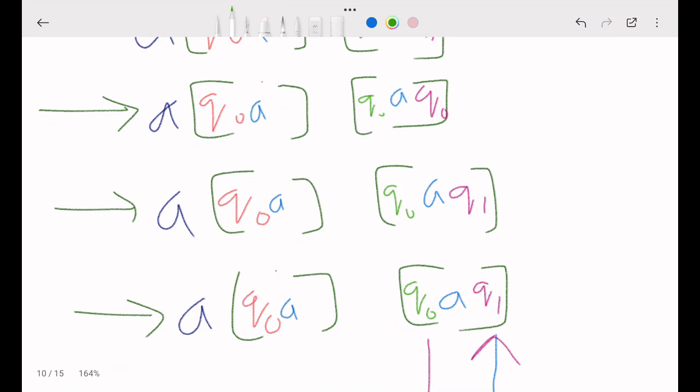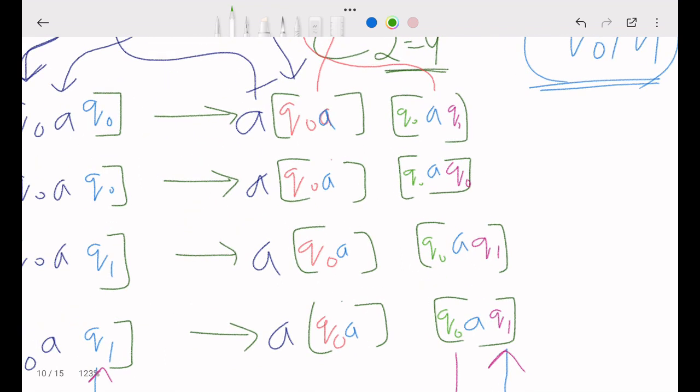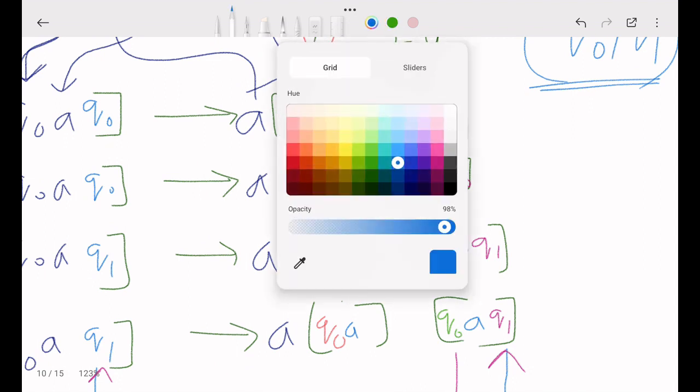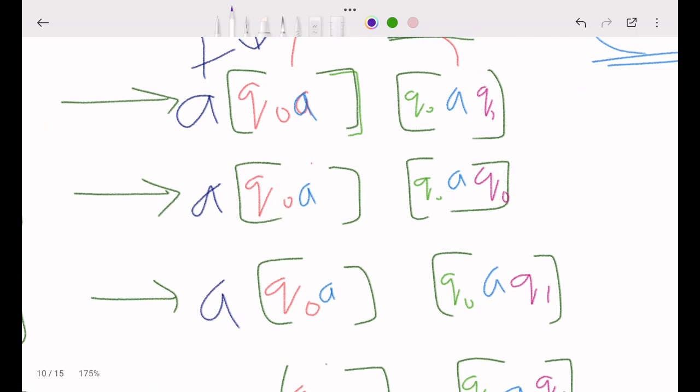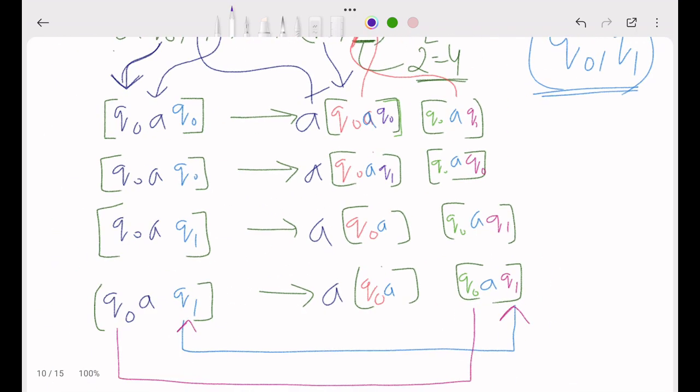Done. I have written. Now what should I write here? My total states are 2. So at first I will write Q0, then Q1, then Q0, then Q1. Done.